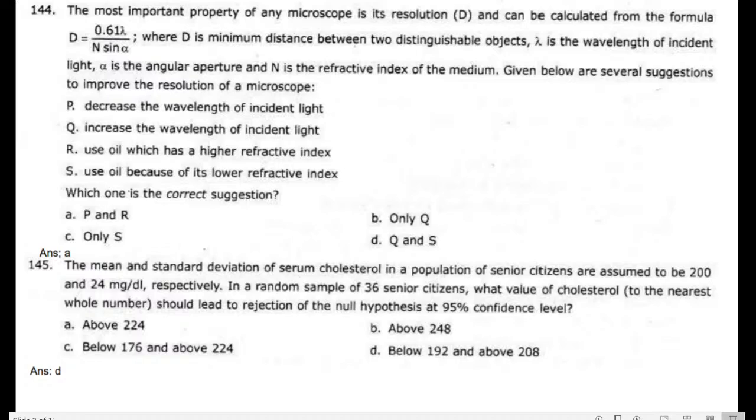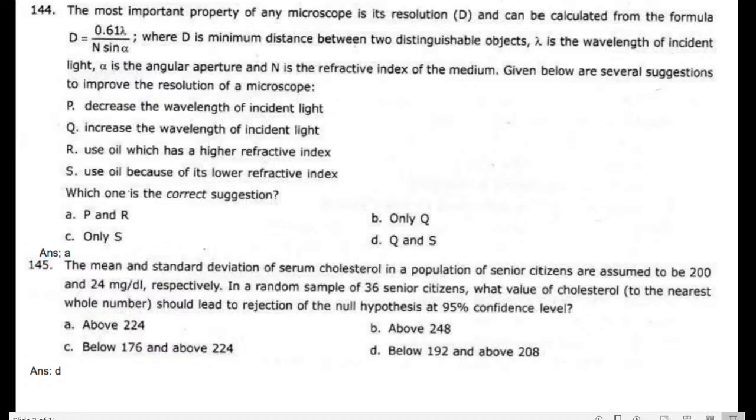This is a very important thing in microscopy. Microbiology, botany and biotechnology people know that while you are viewing an organism under 100x, we use oil with a higher refractive index on the slides.